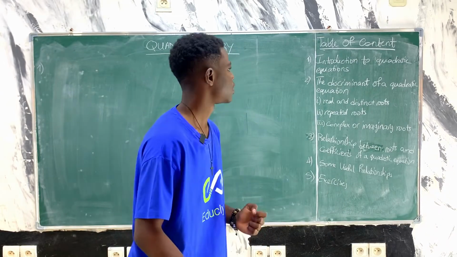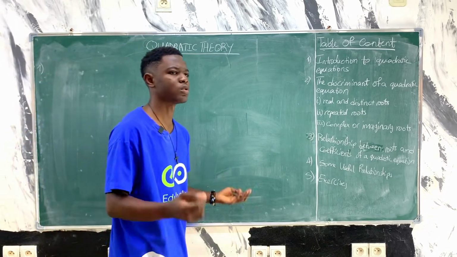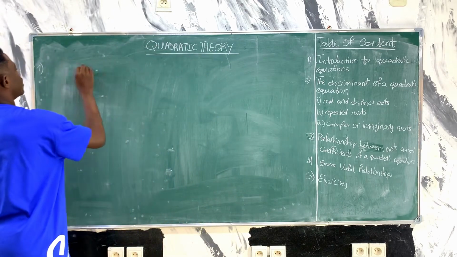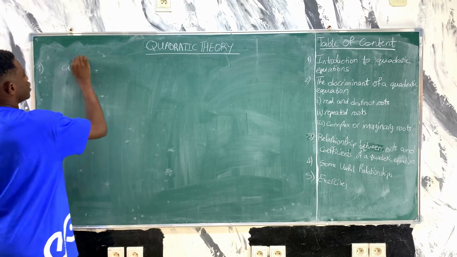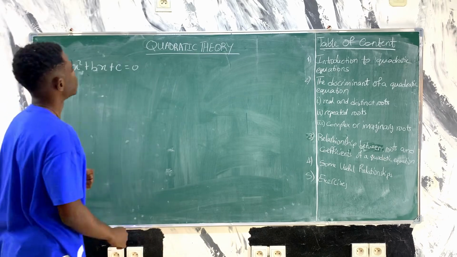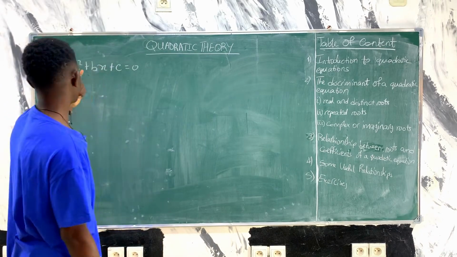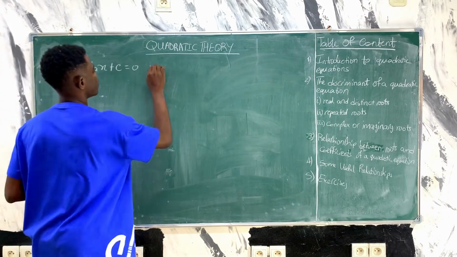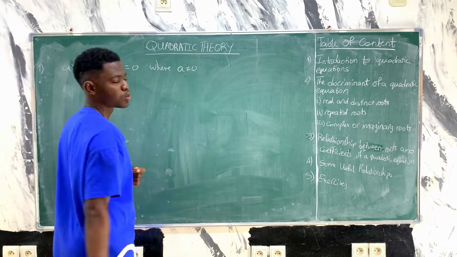Okay, so let's start with the introduction to quadratic equations. What is a quadratic equation? A quadratic equation is any equation of the form ax squared plus bx plus c equals 0, where a is not equal to 0.